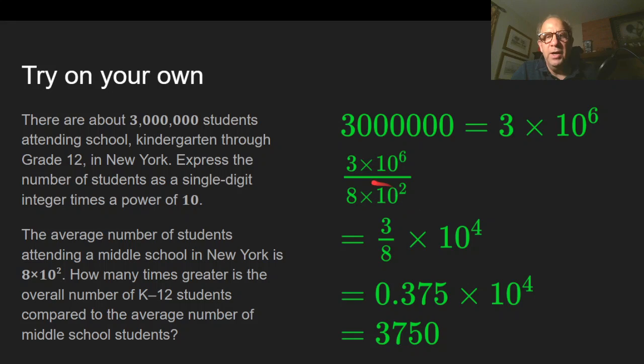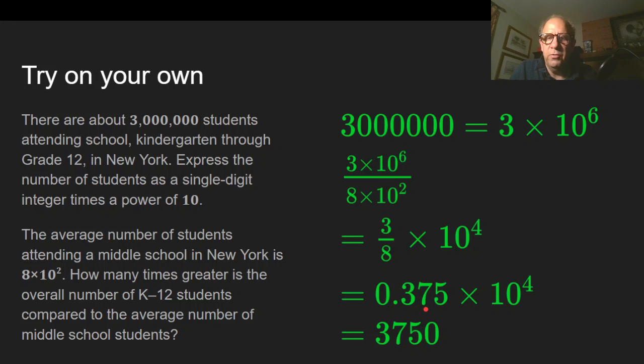So if I want to divide these, now I've got a number times the power of 10. So I use the commutative property to separate these. So I have my 3/8 times 10 to the 4th. 3/8 as a fraction becomes a decimal. 3 divided by 8 is 0.375 times 10 to the 4th. Well, I've got 3 decimal places to use here, so I might as well use up all of them.